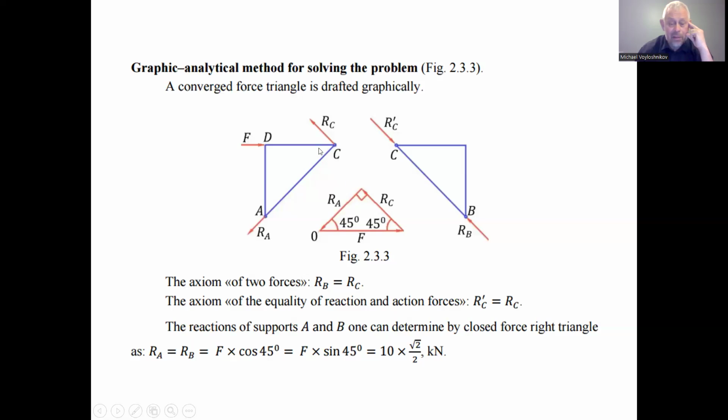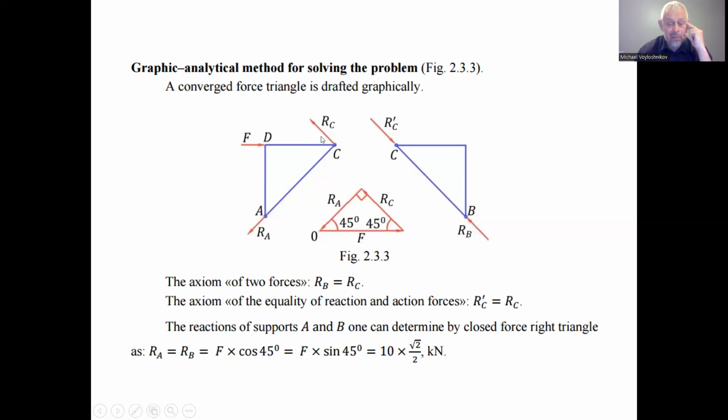And for that, to be in the balance of the left one part of the mechanical system, we can find that the force RA has to be equal to force F, the product of magnitude of force F by cosine 45 degrees.